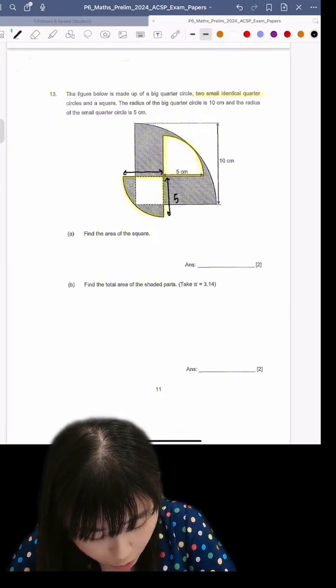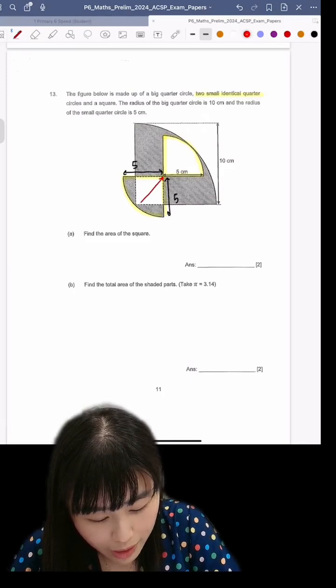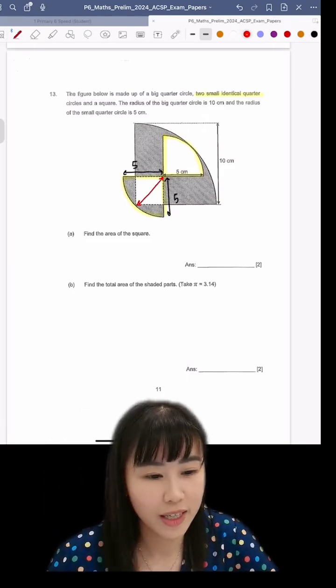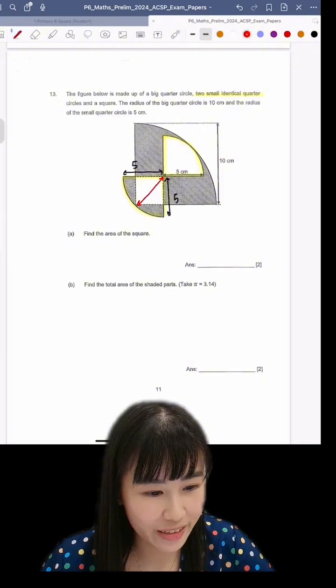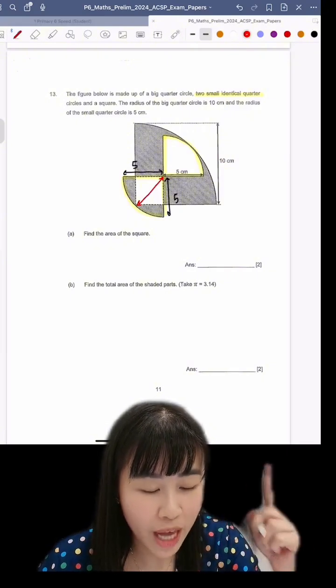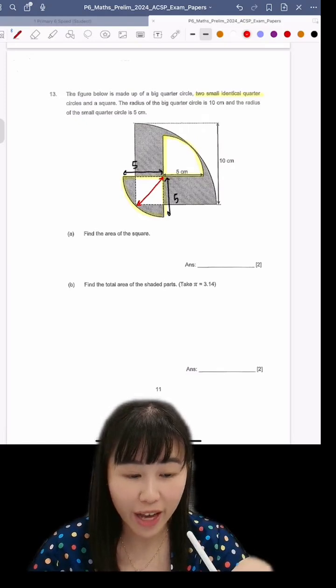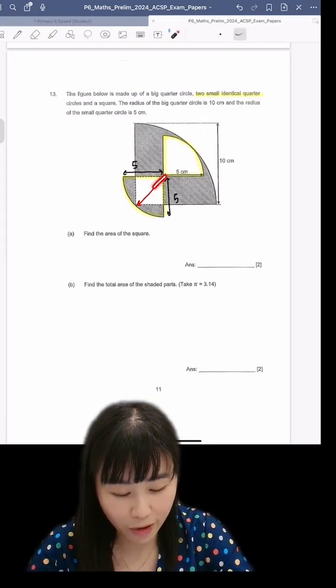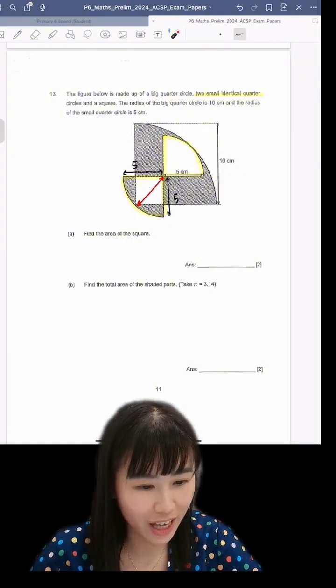If that is 5, can you tell me what is this diagonal line? Anybody? What is that? And if you tell me a value for that, can you tell me why? Okay, KM Paul says 5. Say this one is a 5, right? Why? 5 plus 5, not really. You haven't learned that yet.